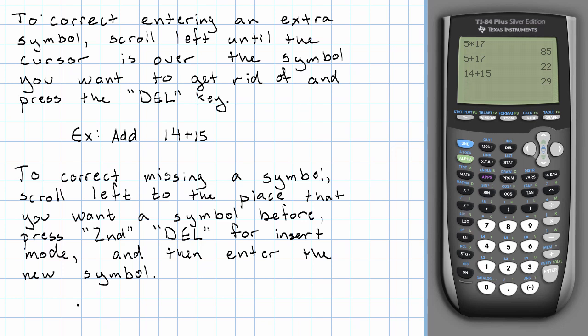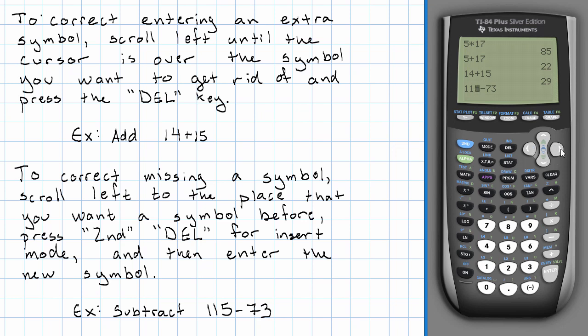So for example, if I wanted to subtract 115 minus 73, but I missed entering one of the ones, I'm scrolling back so my cursor is over the 5. I press second and then insert, and I can type in an extra 1.